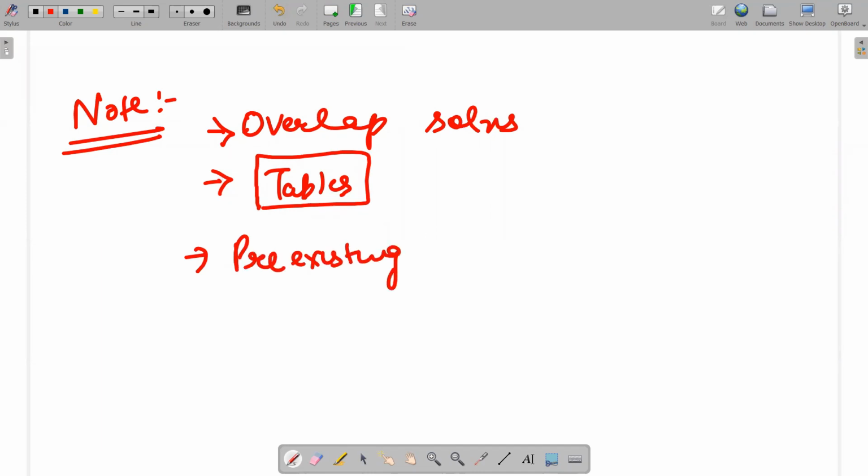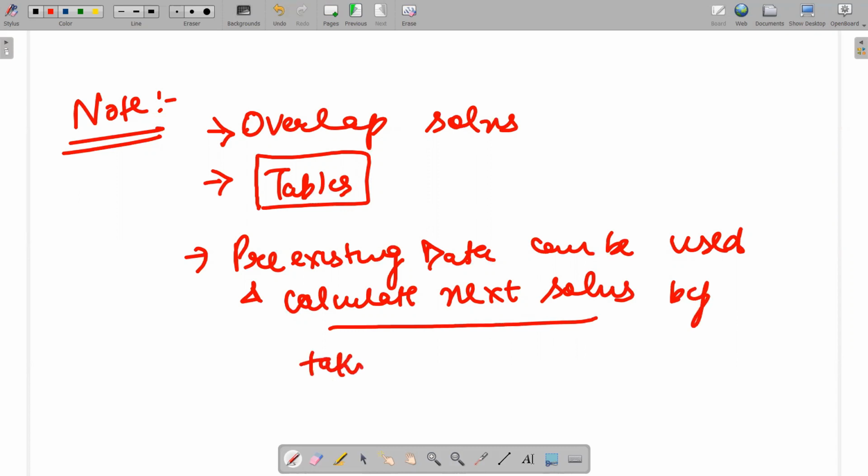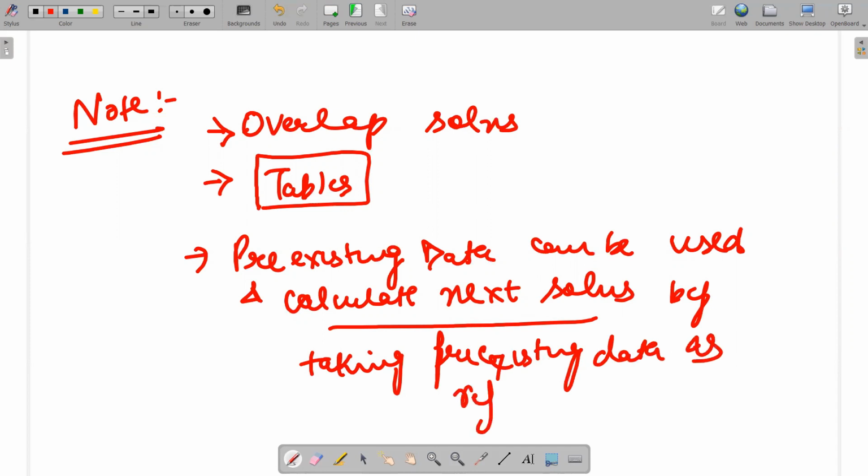We can use pre-existing data, and we can calculate next solutions by taking pre-existing data as a reference. So this is very important. This is known as dynamic programming.